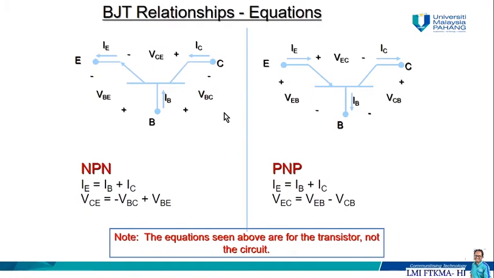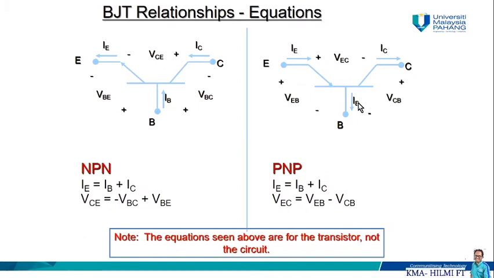Similarly for the PNP BJT, this time the current flow would be in the opposite direction, pointing inward. IB and IC will be flowing out from the transistor. And this time the terminals will be a bit different. We have VEB, the positive is at the emitter. We have VEC, the positive at the emitter also, to the collector.